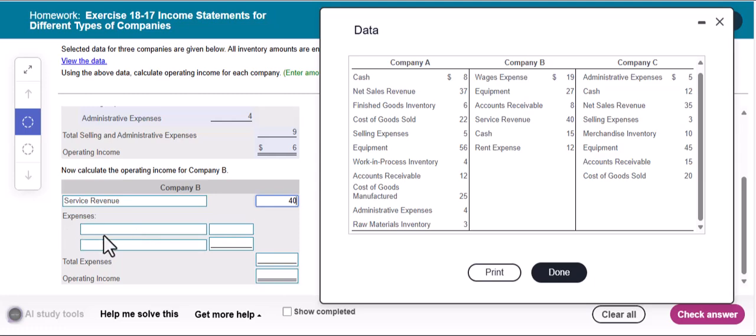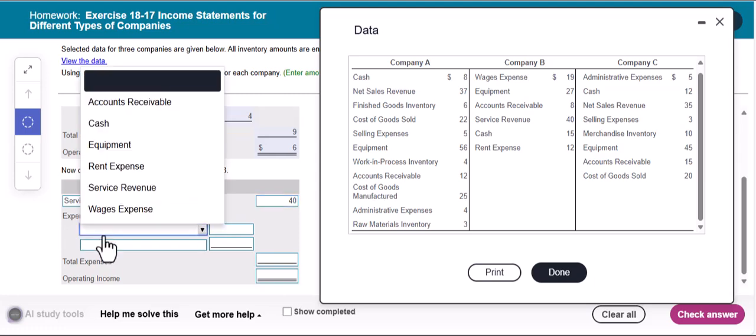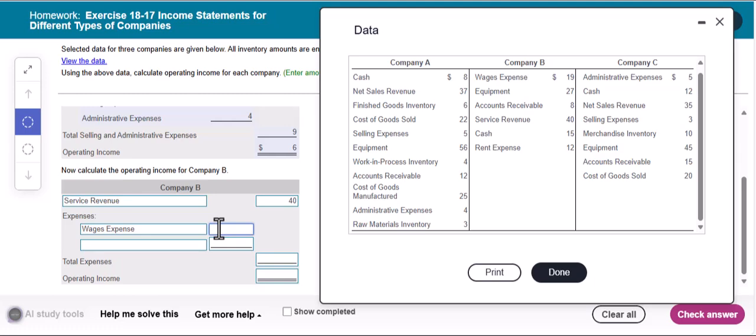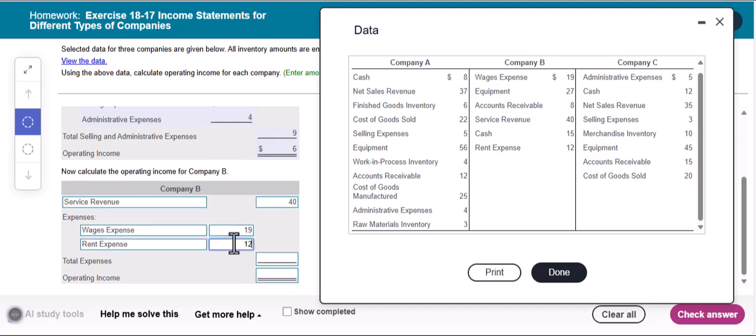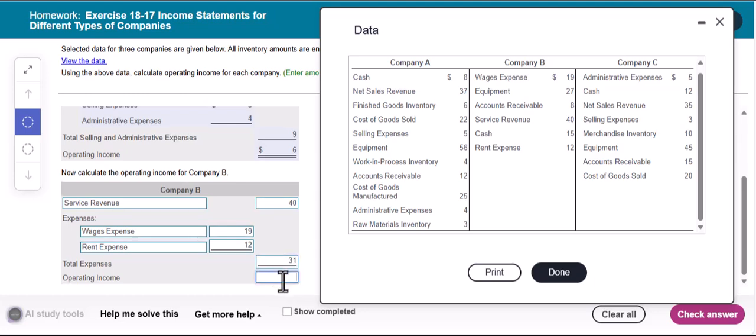And then we have our 2 expenses, the wage expense for 19 million and the rent expense, and that is 12 million. So we can go ahead and add those through for a total expense of 31 million. And then we will subtract those total expenses from our service revenue in order to get operating income, and that is going to give us an operating income of 9 million for operating income. So let's go ahead and check our answer for Company B.